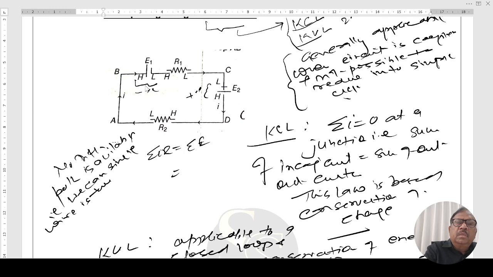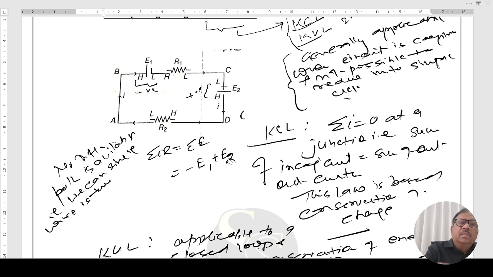That is, as sign convention, the leaving point of the terminal will assign the sign to EMF. Current is flowing in this case from higher to lower. Leaving is negative, so minus E1 plus E2.